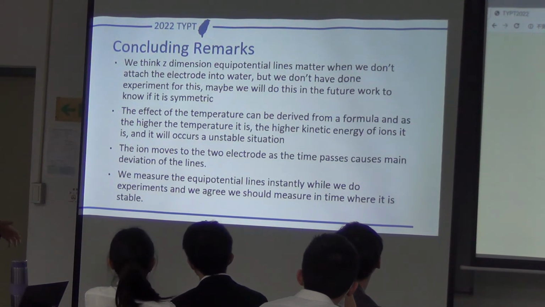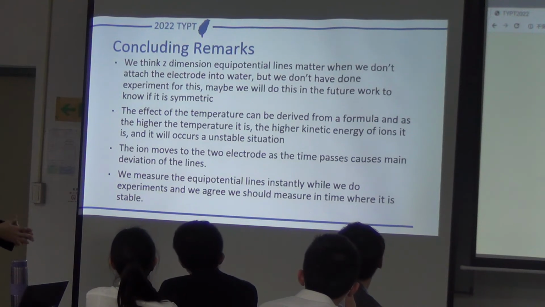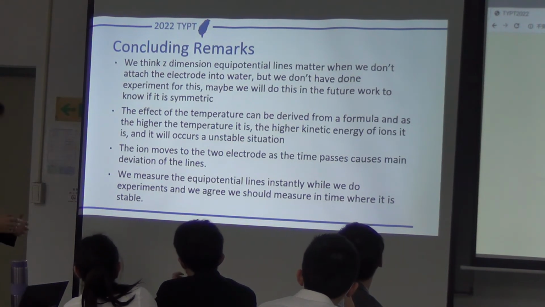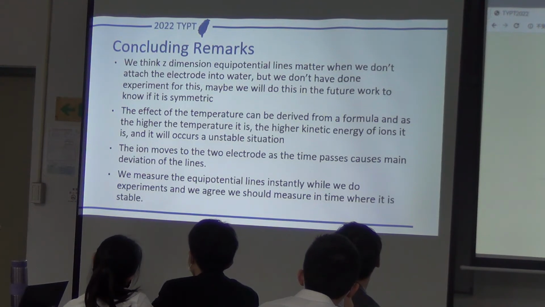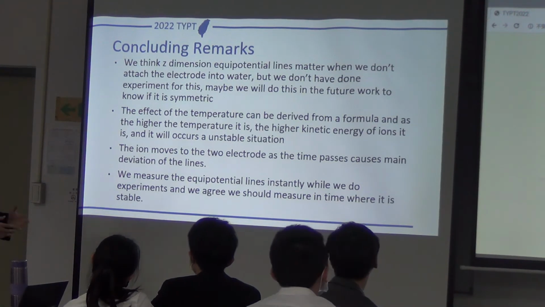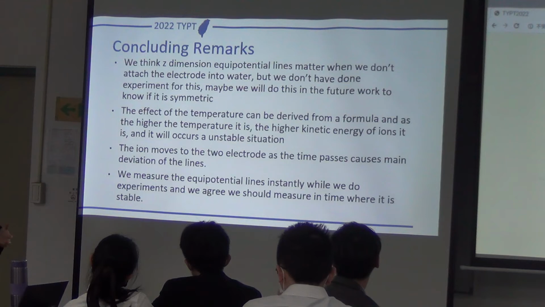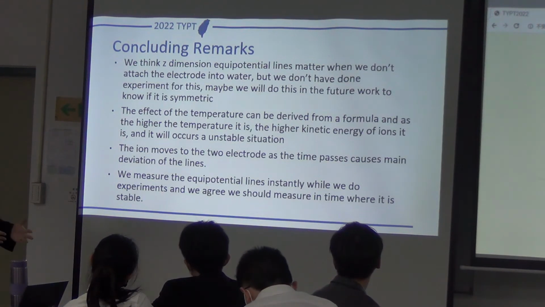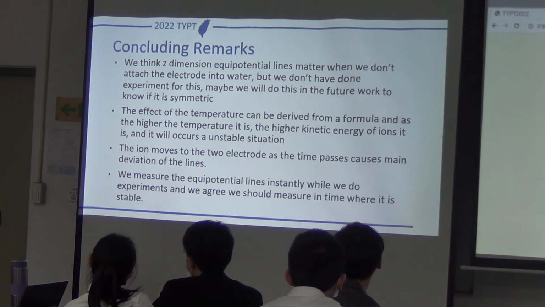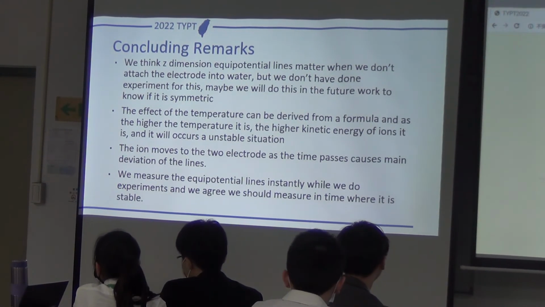And also, we talk about how the effect of temperature can be derived from a formula: the higher the temperature, the higher the kinetic energy of the ions, and it will cause a more unstable situation. And third, the ions move to the electrode as time passes and cause a main deviation for the lines. We also measure the equipotential lines instantly while we do the experiment, and we agree that we should measure at a time when the voltage is more stable, so we can minimize the deviation of the equipotential lines.